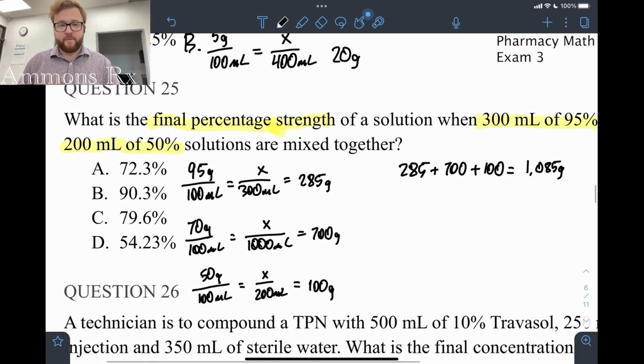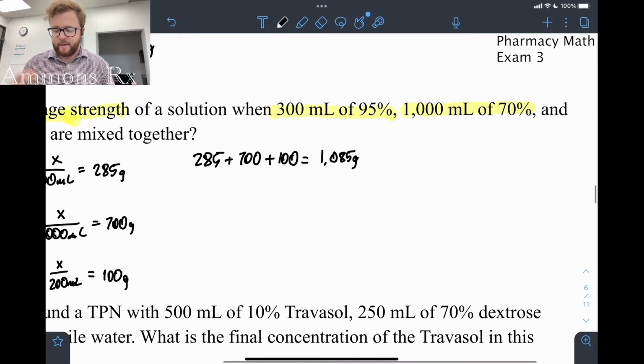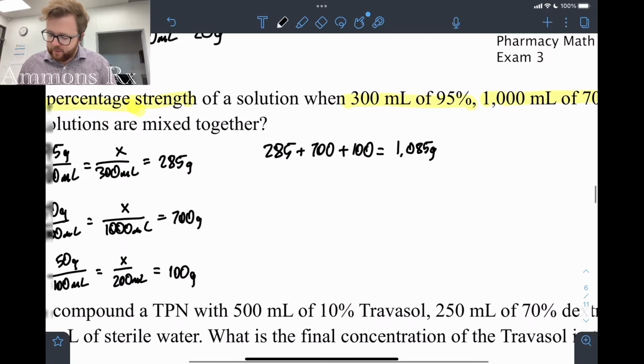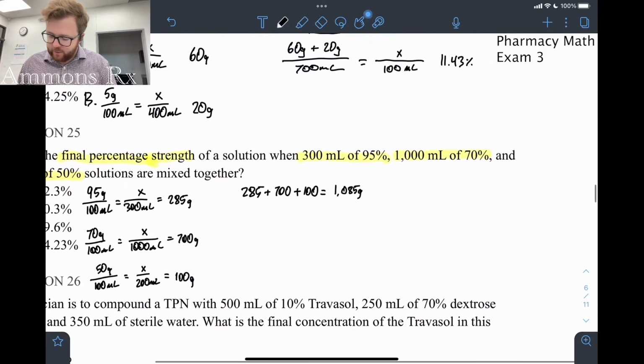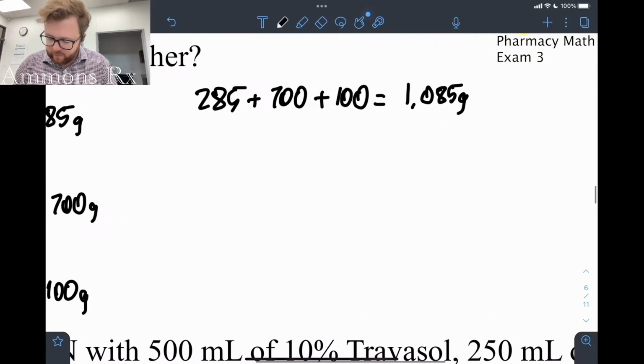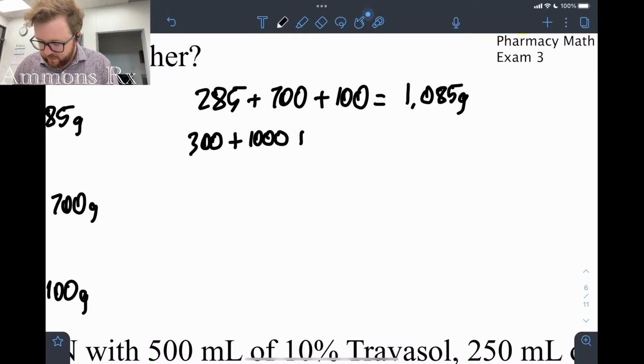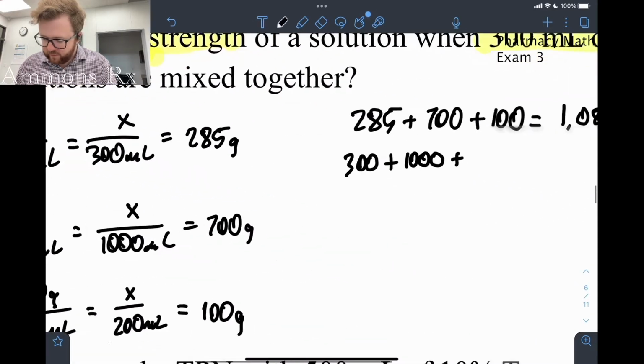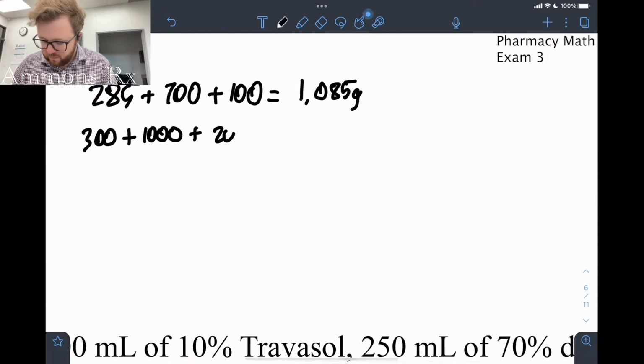So the last step that we had to remember from last time is that we had to add all those volumes together. So we had 300, 1000, and 200. So I'm going to do 300 plus 1000 plus 200. That is 1500 mils.